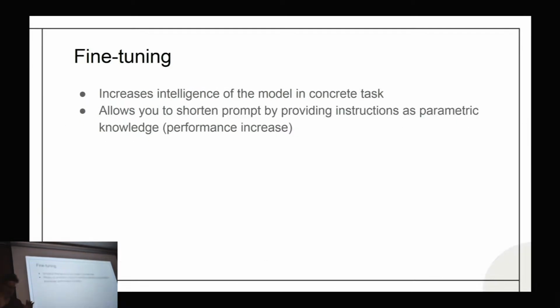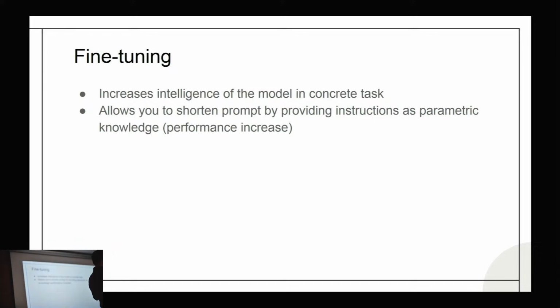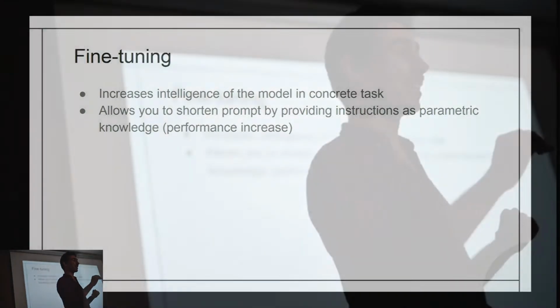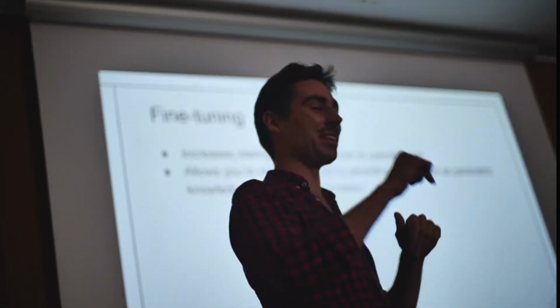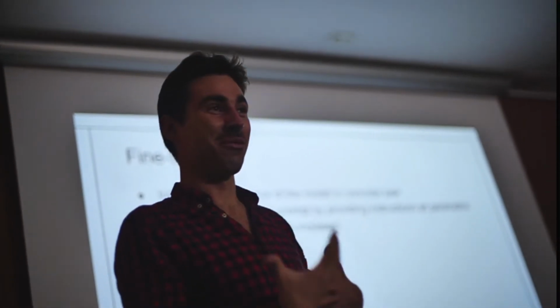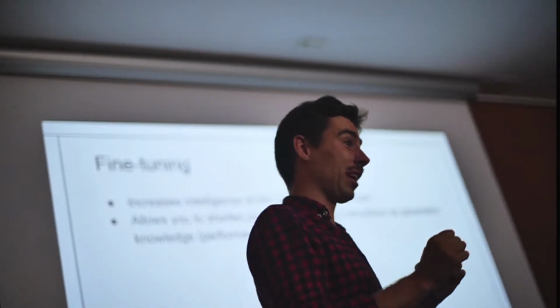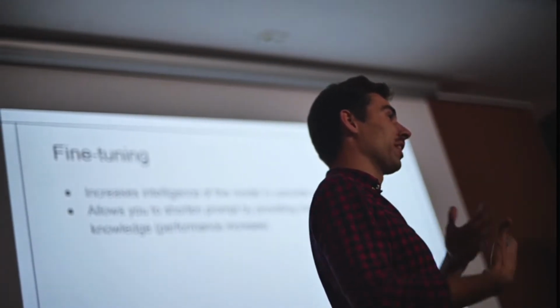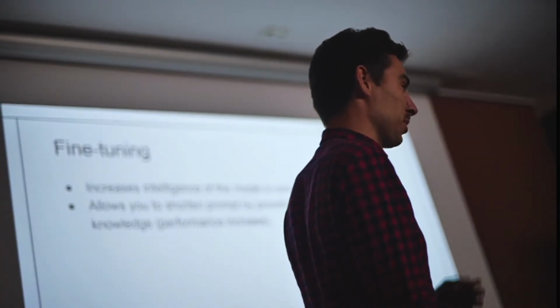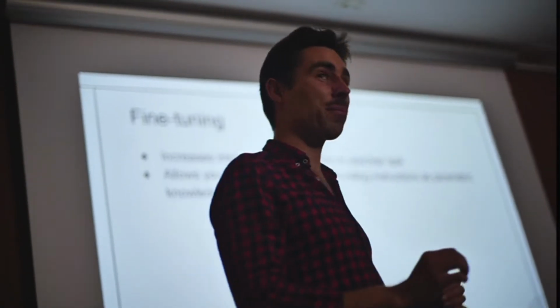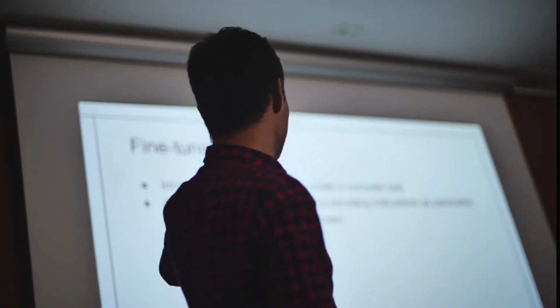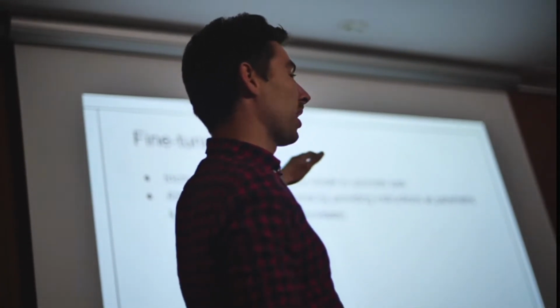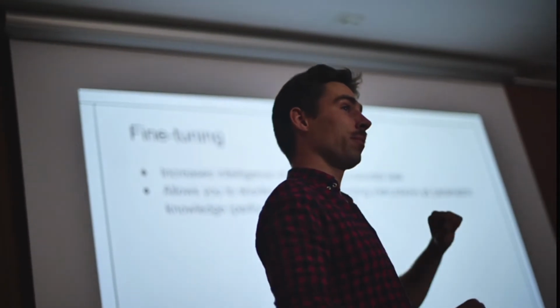Okay, before I tell you how we do it, let me tell you something more about why we want to do it. First of all, as I said previously, we're increasing the level of intelligence of our model for that concrete task. So even a small model could be more intelligent than, for example, GPT-4 in that concrete task. Second, it also allows us sometimes to shorten our prompt.